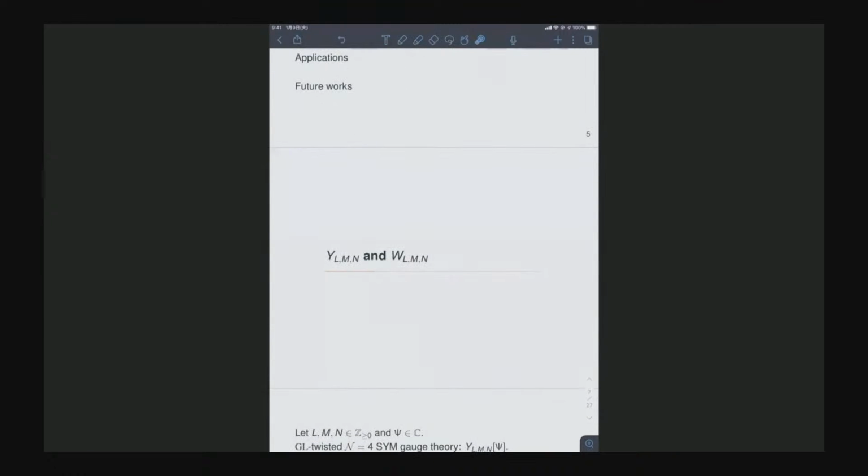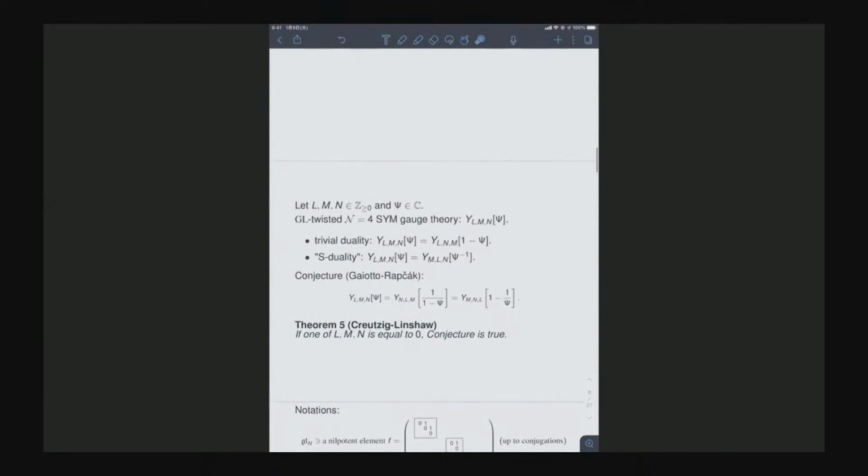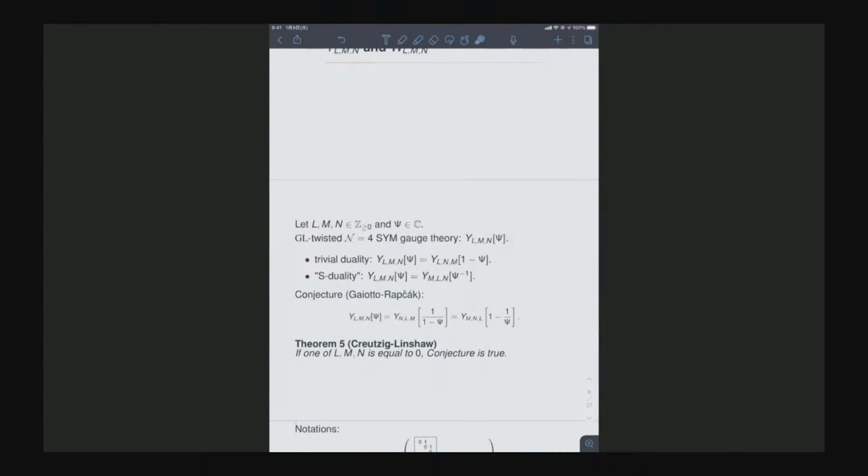So first, I introduce the Gaiotto-Rapčák Y algebra and the Rapčák-Soibelman-Yang-Zhao W algebra. So we take L, M, N, which are integers, and psi the scalar.